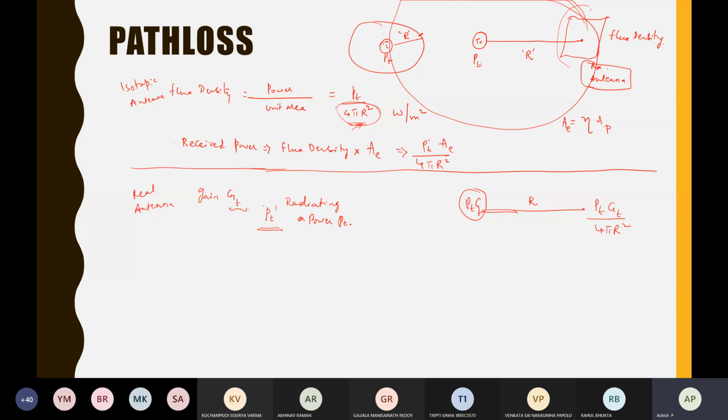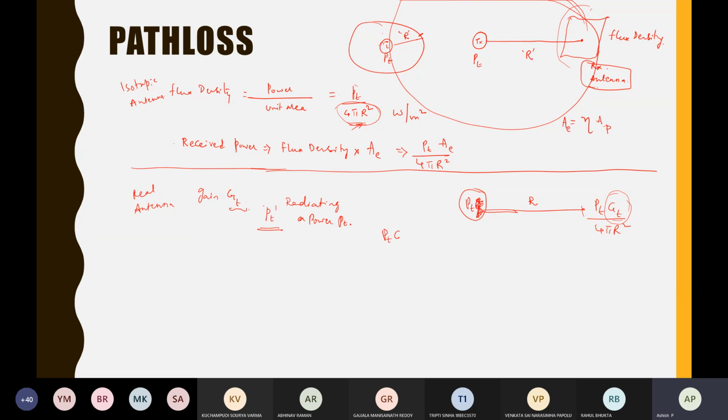Even though an isotropic antenna radiating PT amount of power gives a received flux of only PT by 4 pi r square, here, given that this antenna has a gain of GT, that gets multiplied, and at a distance r the received flux will be PT GT by 4 pi r square. Even though it is radiating only PT, the effect looks as if it has transmitted PT into GT.